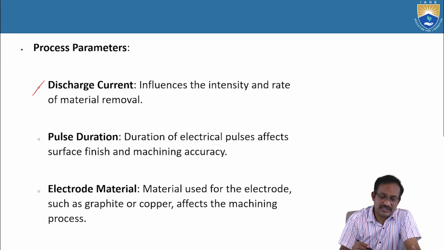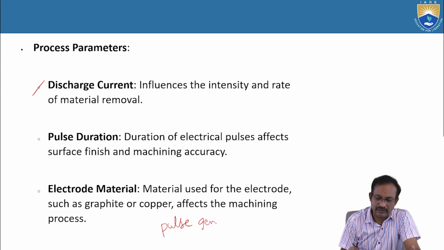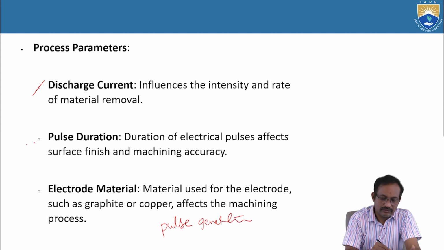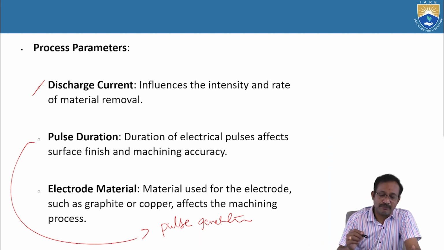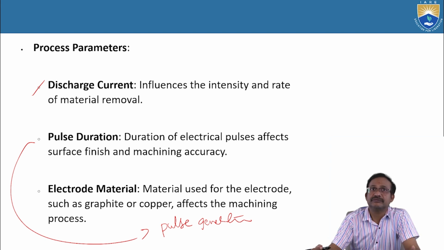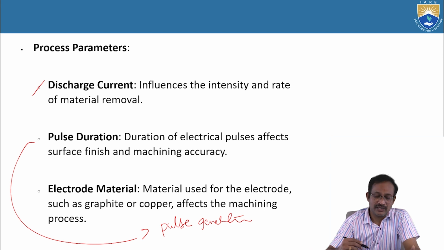We have already discussed that the pulse generator controls the timing and the frequency of the pulses. Pulse duration is the time of the pulse. Duration of electrical pulses affects surface finish and machining accuracy.